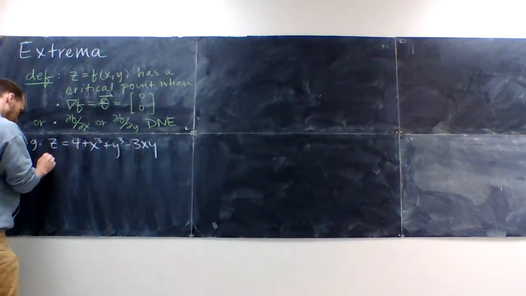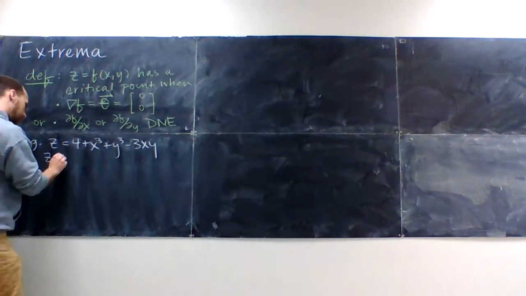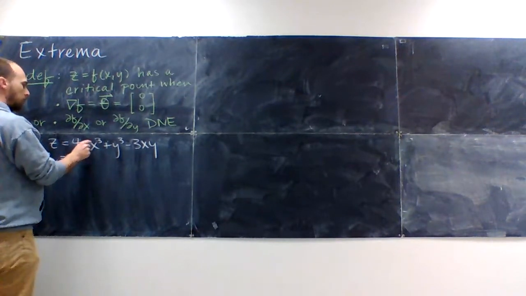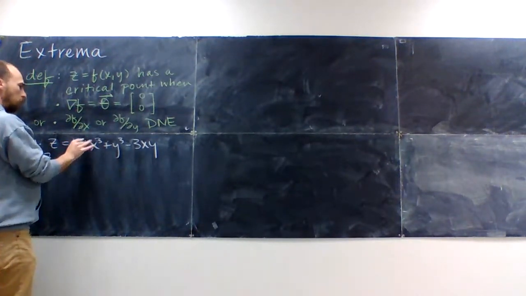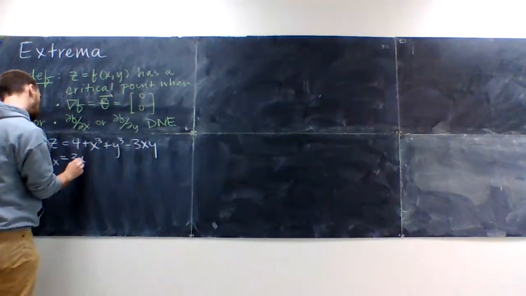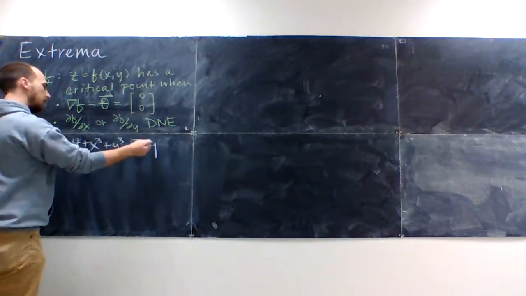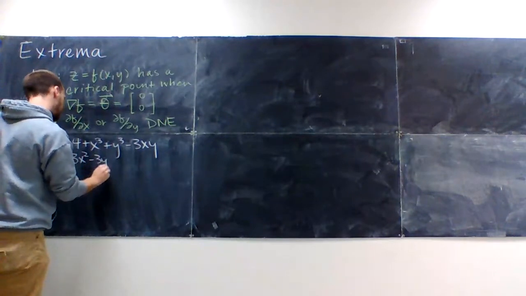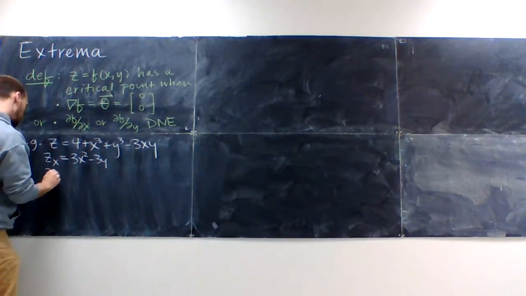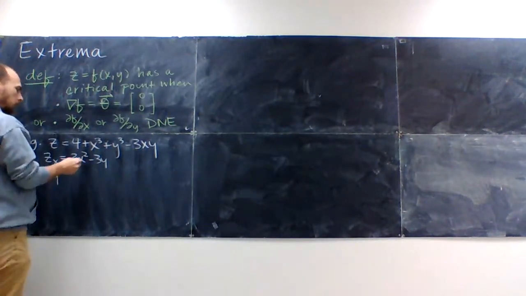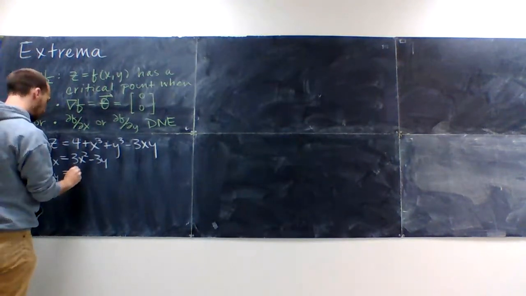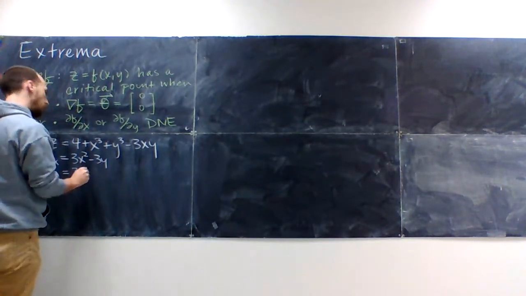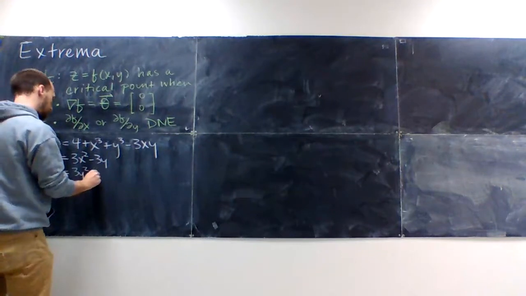So I'm going to say that z_x is going to be 4 plus x^3 differentiated, so 0, 3x^2, 0, and negative 3y. And then z_y is going to be 0, 0, 3y^2, minus 3x.